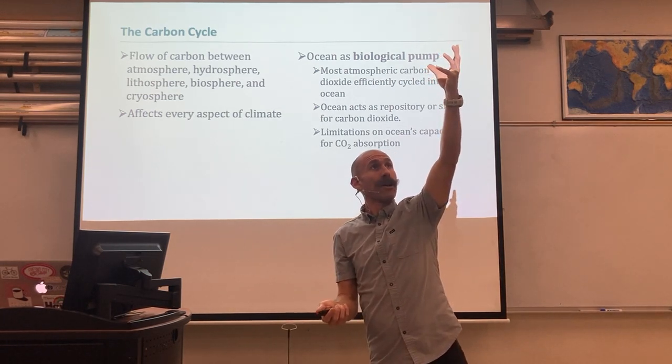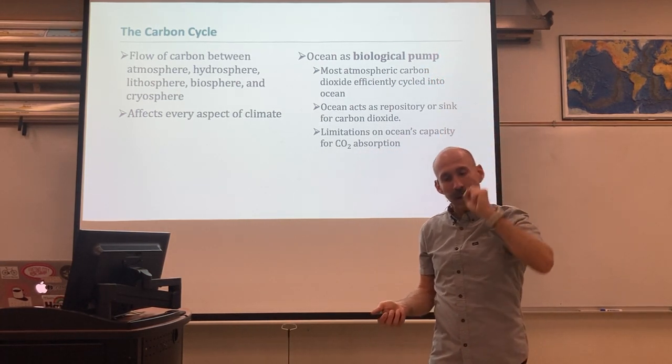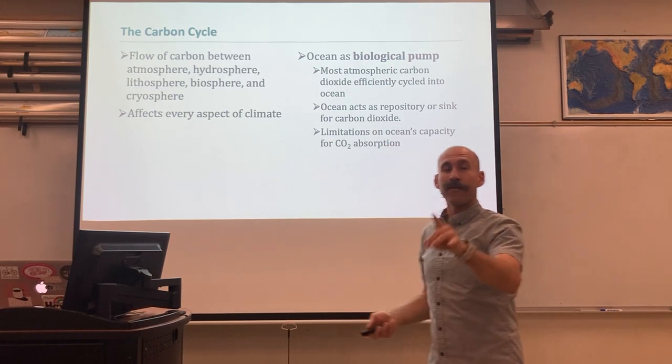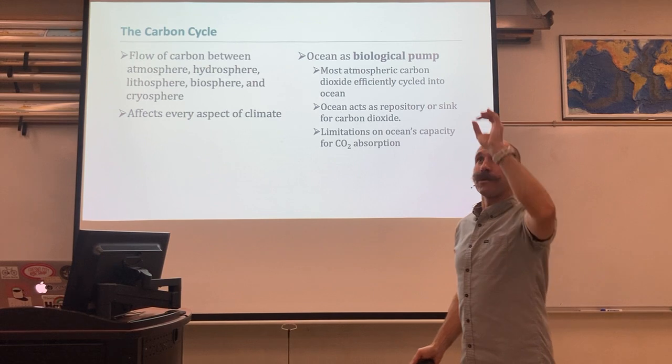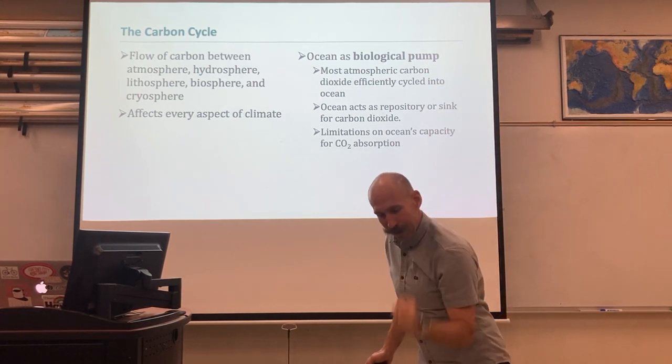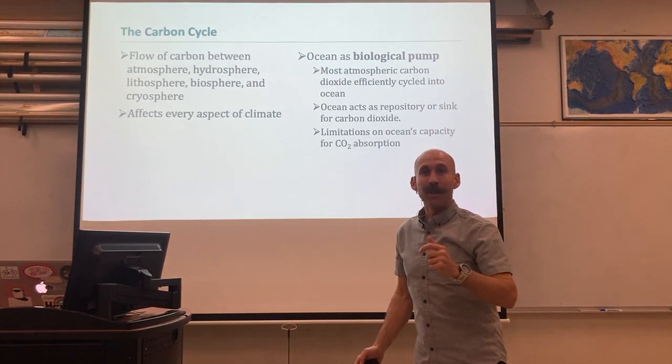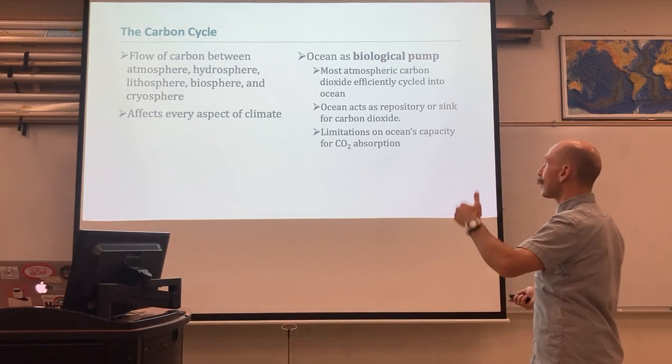This is one way to bring carbon out of the atmosphere and sequester it in the bottom of the ocean, and it acts like a pump. The ocean basically pumps carbon from the atmosphere all the way down to the bottom of its seafloor.